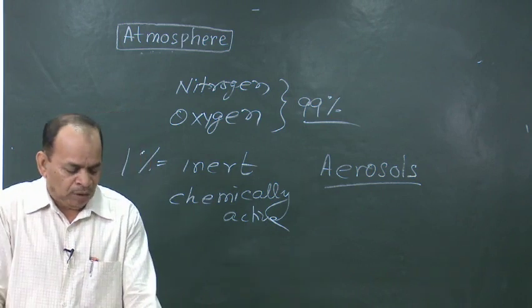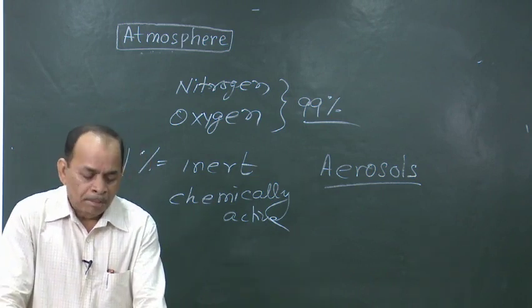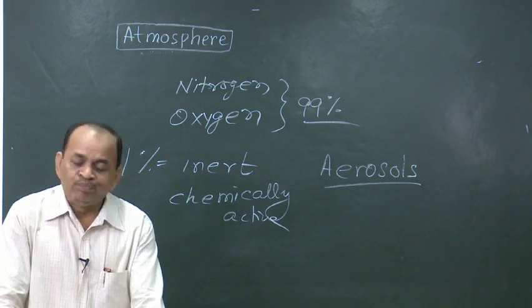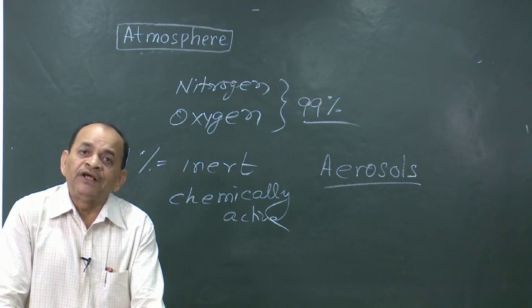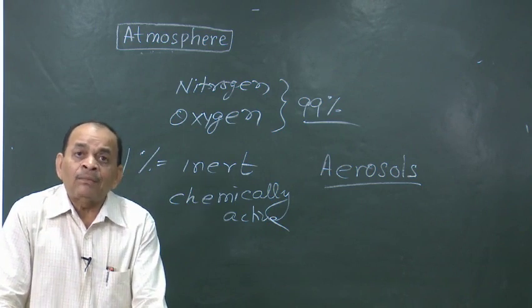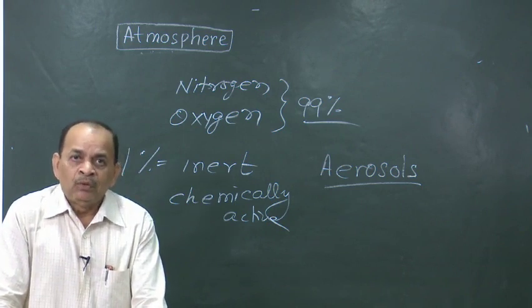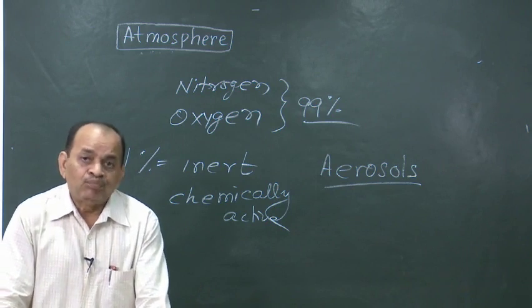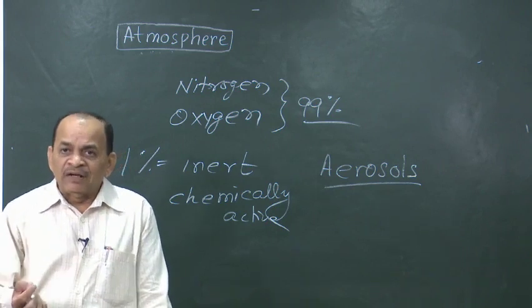The weight of the air per unit area above the surface is called atmospheric pressure, that is, per square centimeter or square meter.